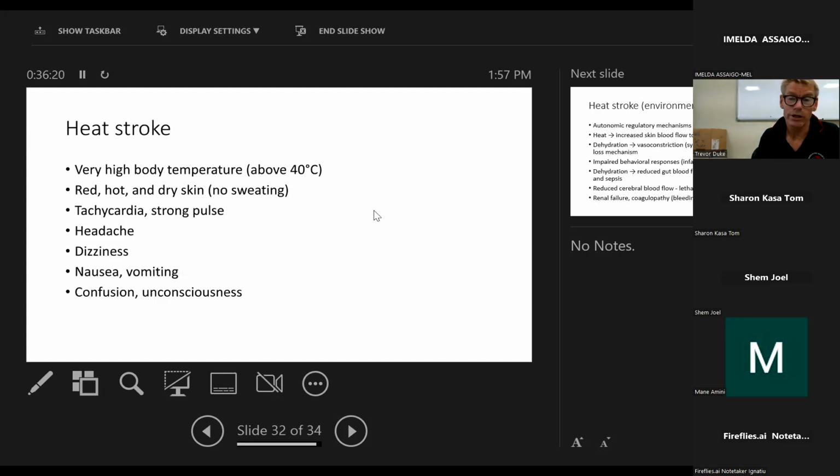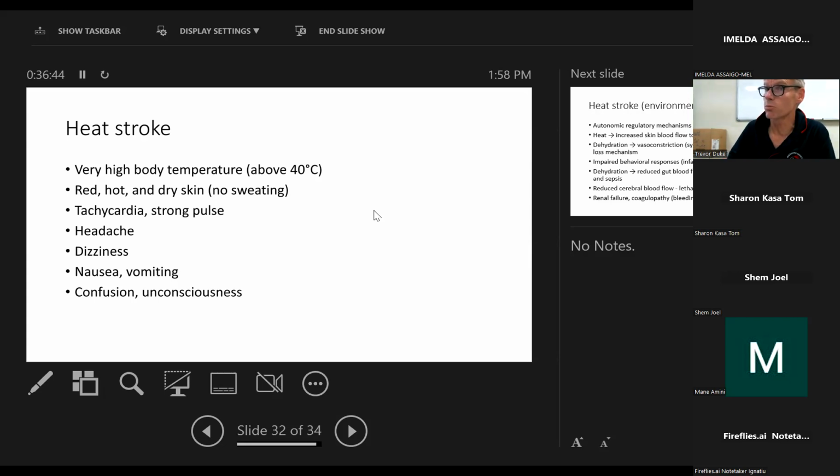So I wanted to just discuss the features of heat stroke very briefly. But just have it as part of your differential diagnosis when you see a really hot child. So they present with a really hot temperature, usually above 40. Their core temperature is above 40, and they're red and hot, and they have very dry skin, and they have tachycardia.